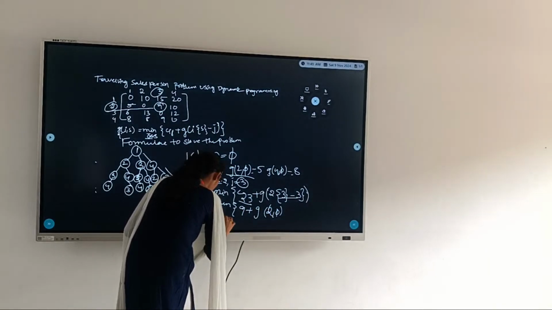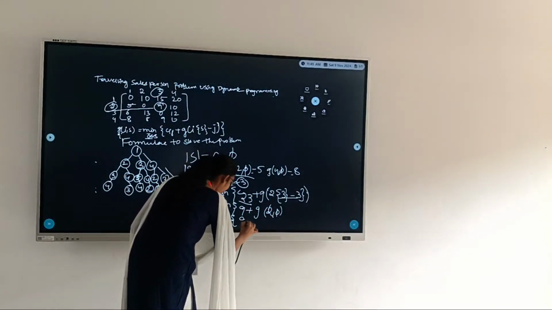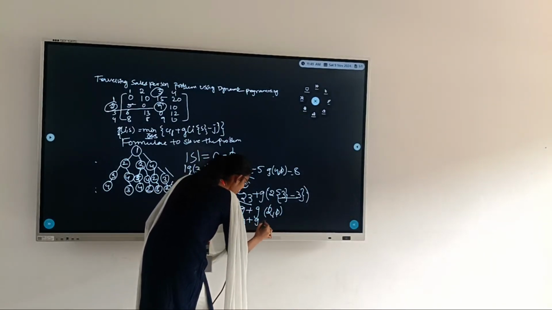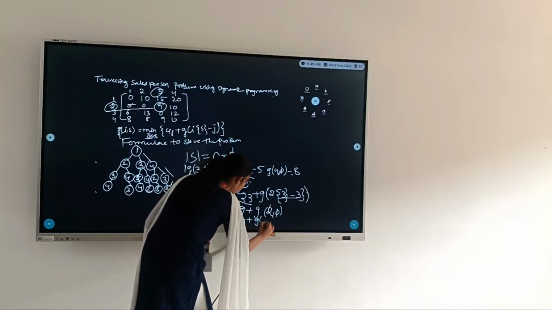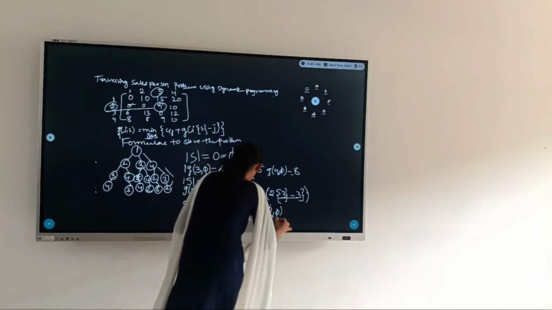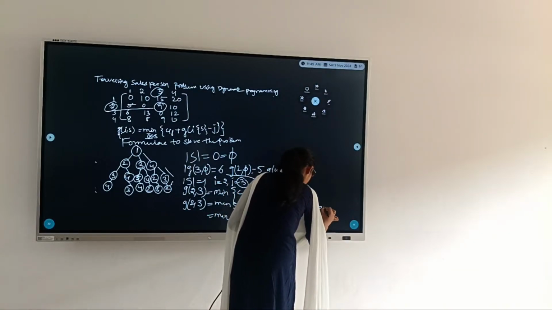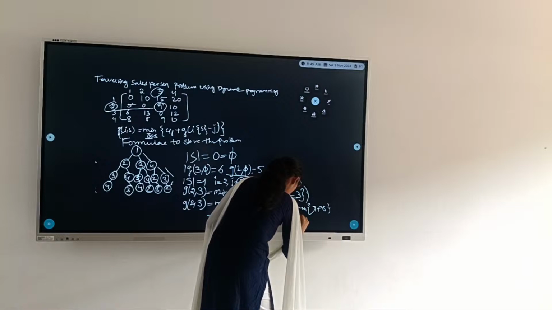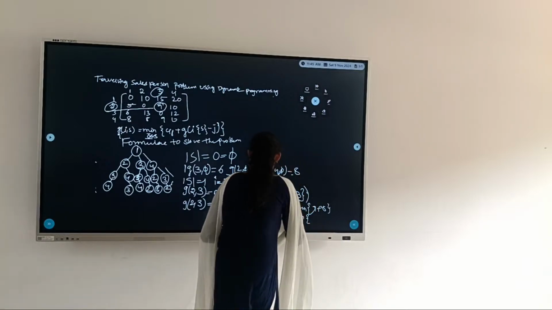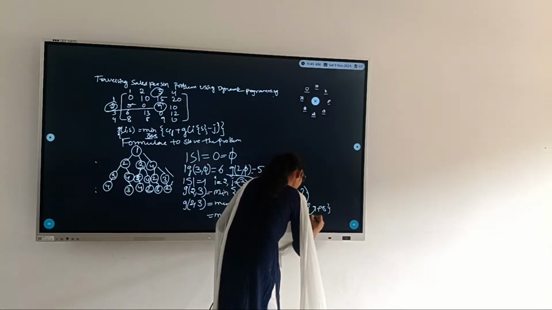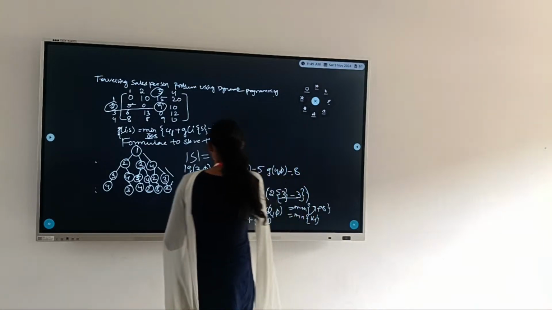So the minimum value: G of 2, 5 is equal to 5 now. So 9 plus 5, the minimum value is equal to 14 for G of 2, 3.